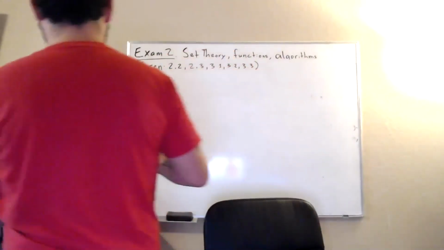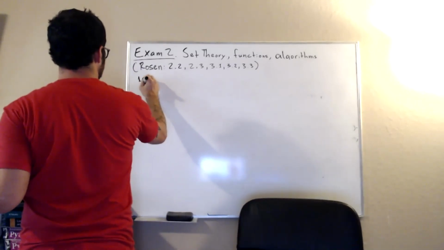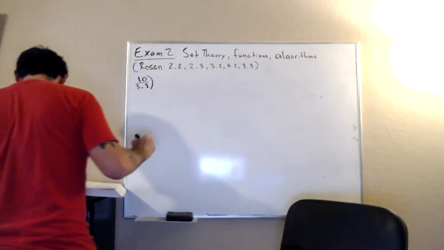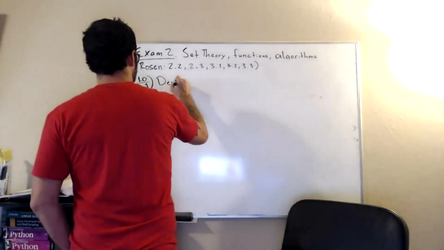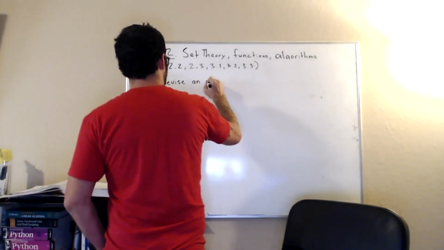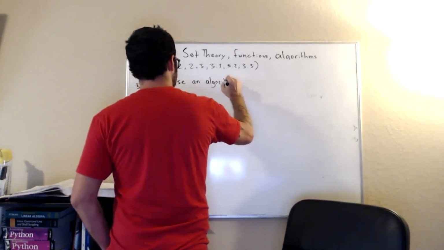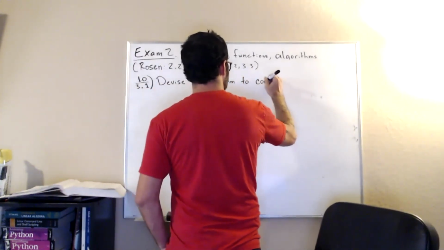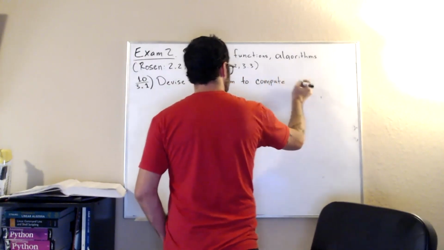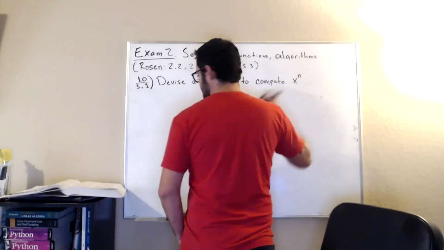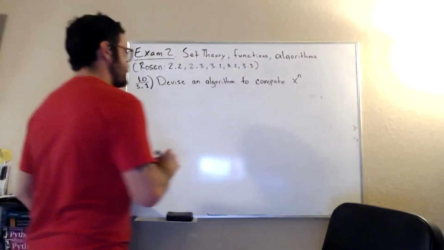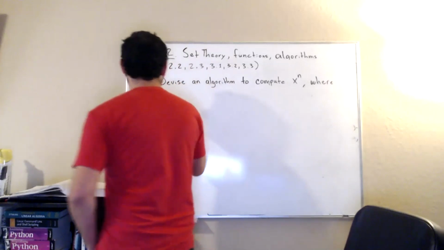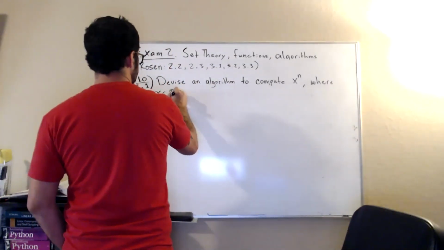So this is 10 from 3.1. It says: devise an algorithm to compute x to the power n, where x is some real number and n is an integer.